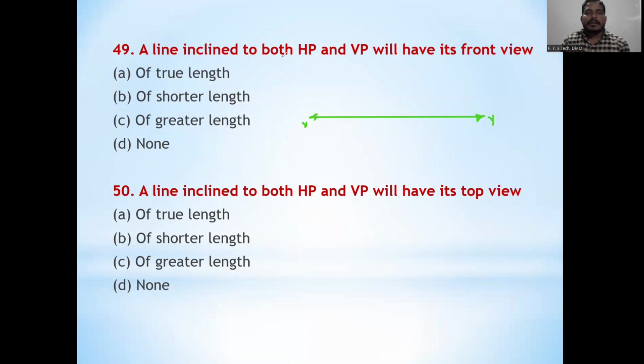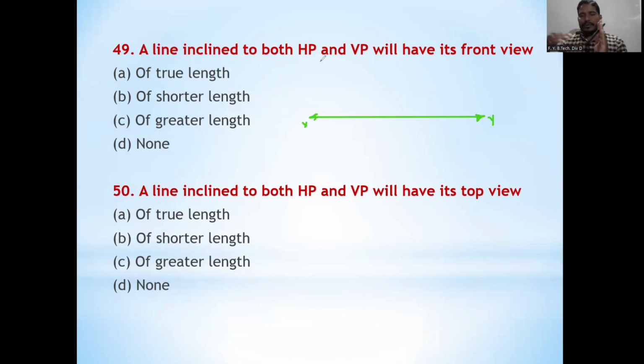This line is inclined to both HP and VP, and will have its front and top view. Suppose this is the VP, this is the HP. So like this, a line is there, and it's making an angle with respect to both HP and VP.